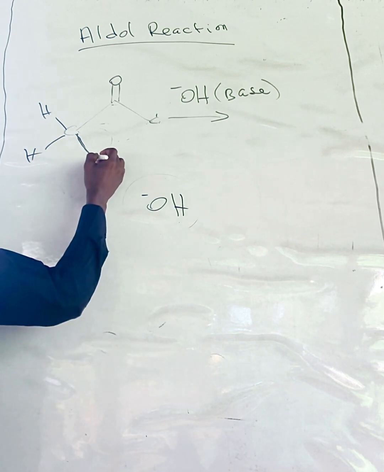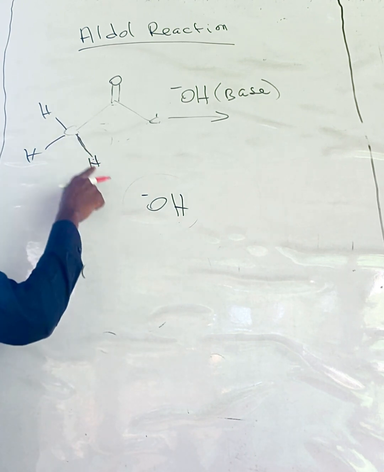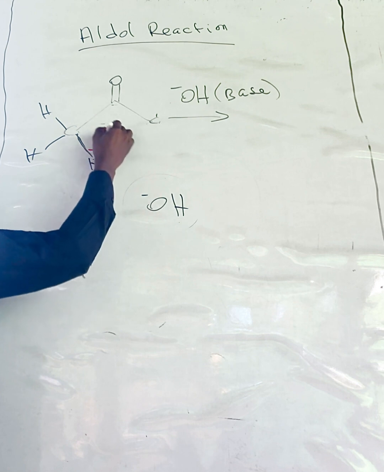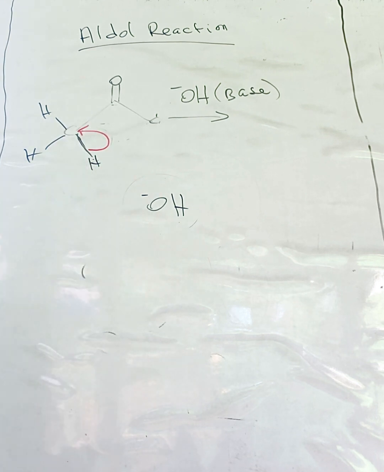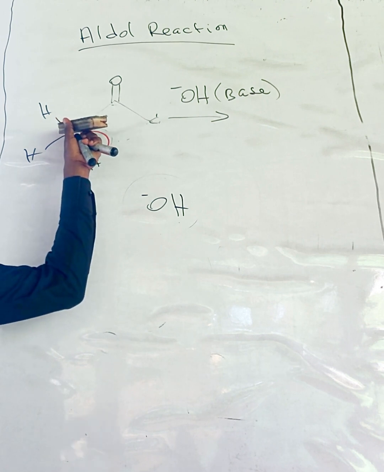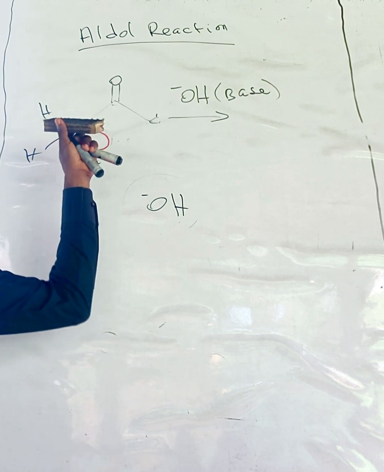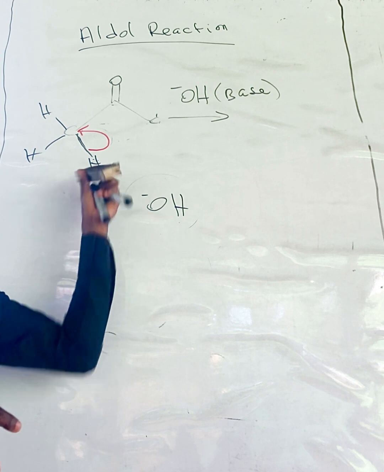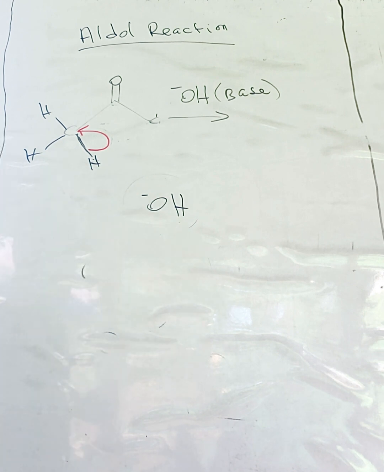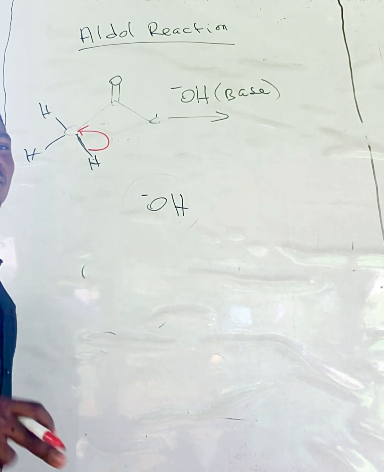So yes, the bond in between the carbon and the hydrogen gets broken onto the carbon. Is that not it? Now our carbon becomes negatively charged, right? Because it is having excess electrons that are coming from the hydrogen.